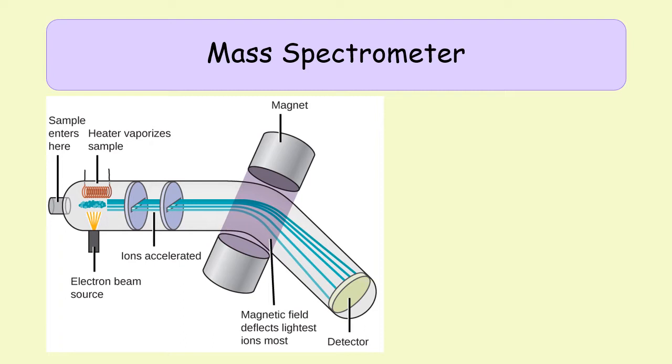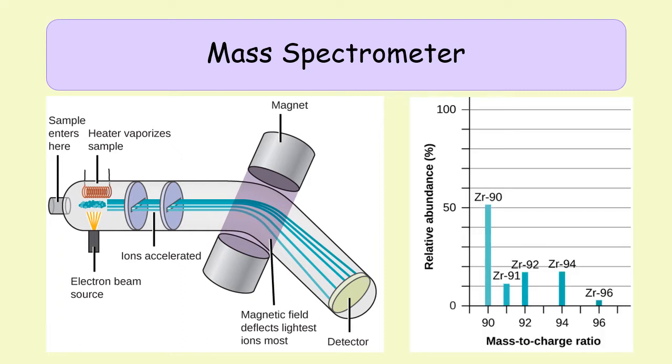The heavier the molecule, the harder it is to move using a magnet, so it will move less. The lighter it is, the more it will bend. You've got a detector, and based on the position it hits the detector, you know what mass it is, or specifically what mass to charge it has.